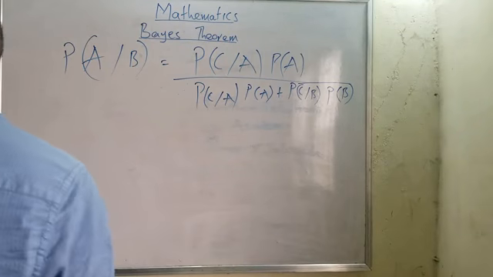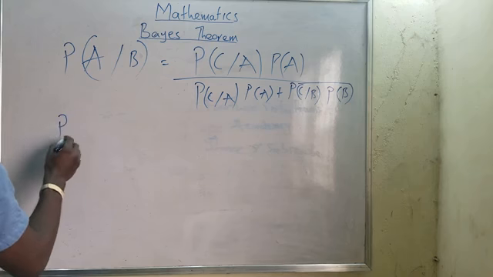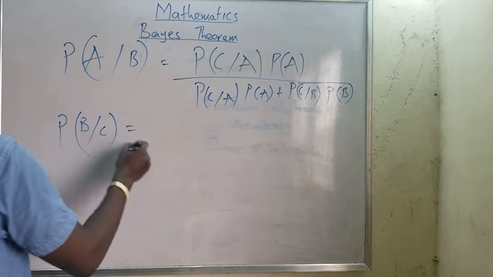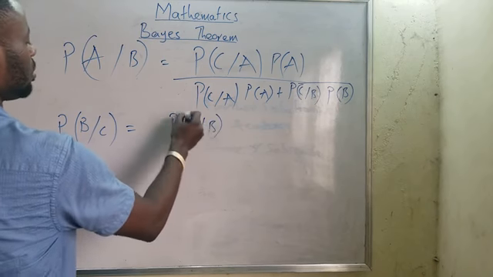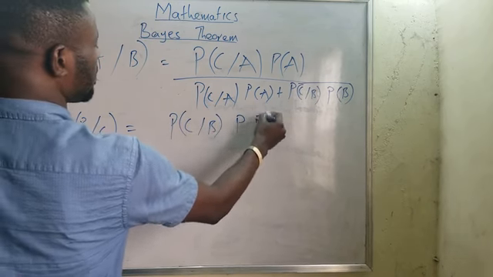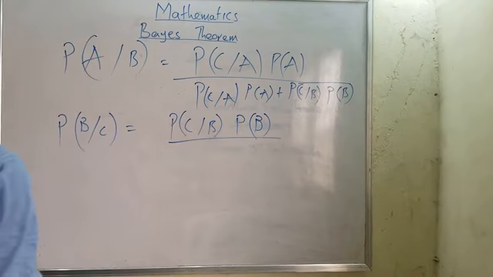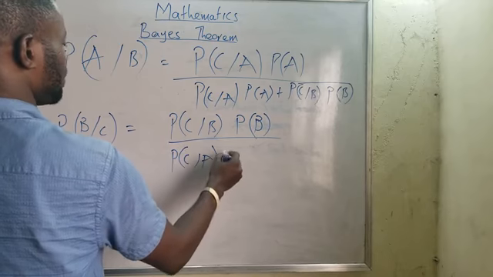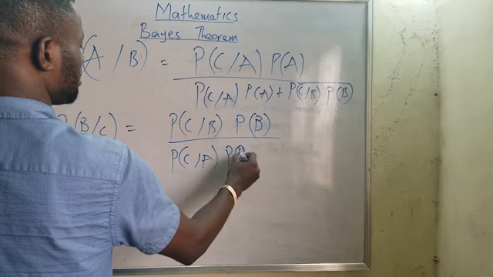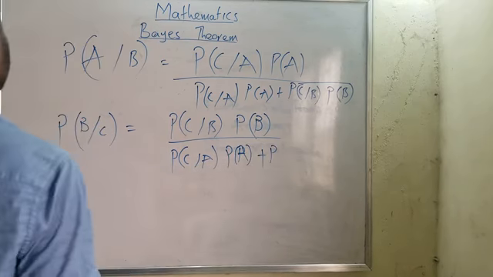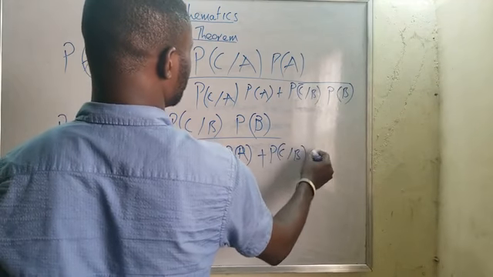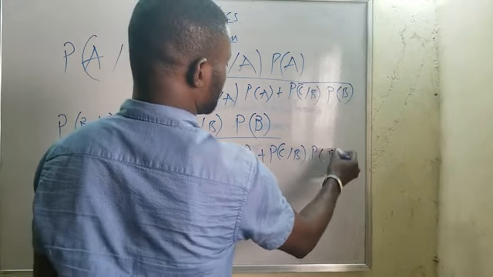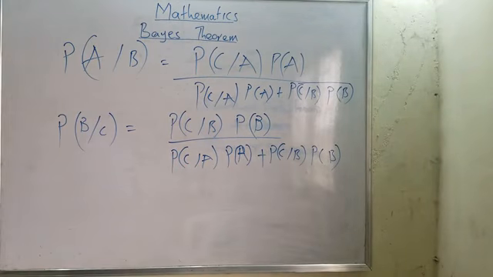Also, I can have it in the form of the probability of B given A, which is the same thing as the probability of A given B times the probability of B, divided by the probability of A given C times the probability of A, plus the probability of A given B times the probability of B. That is what Bayes' theorem tells us, without the proof.